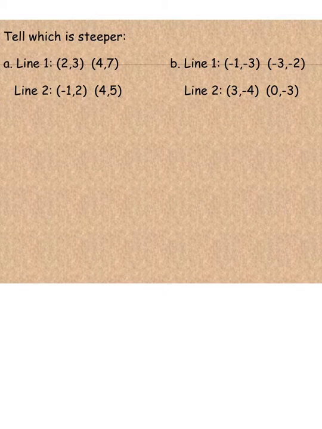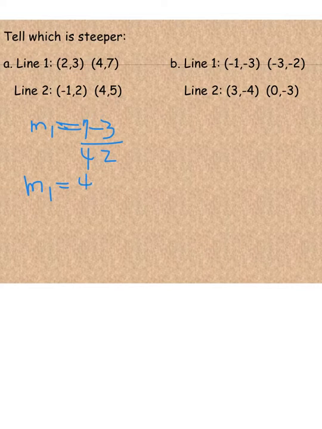So here we want to determine which line is steeper. So if I find the slope of line 1, I have 7 minus 3 over 4 minus 2, which will give me a slope of 2.